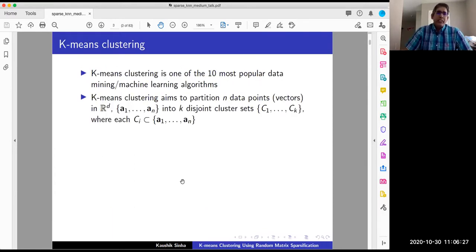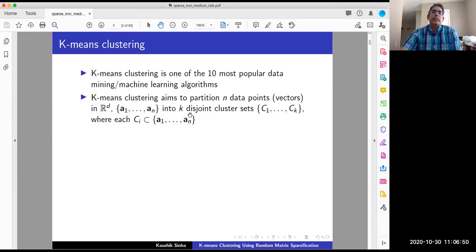There are various clustering algorithms available, among which k-means clustering is probably one of the most widely used. In fact, it is in the top 10 most widely used data mining or machine learning algorithms. The problem is as follows. Again, as I said, we have n data points, which we can consider as vectors, let's call them A1 up to An.